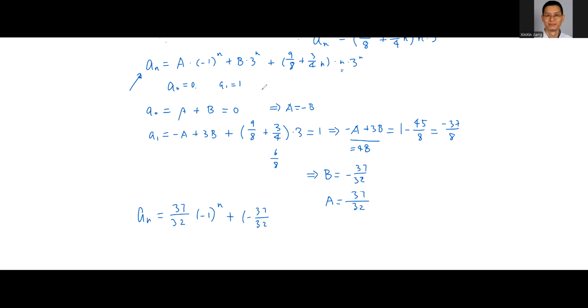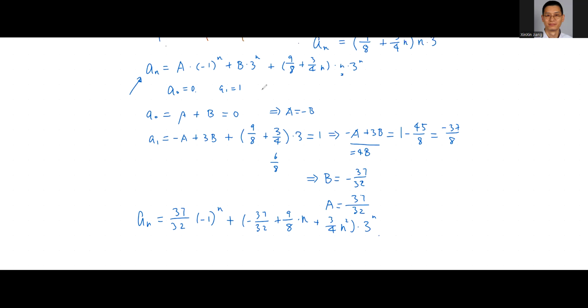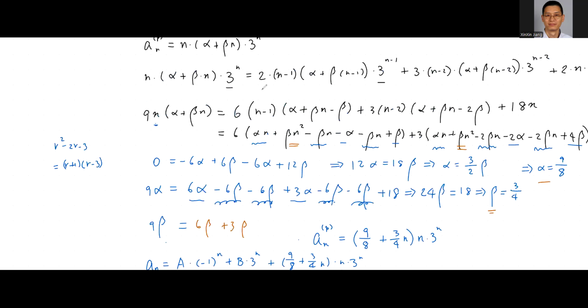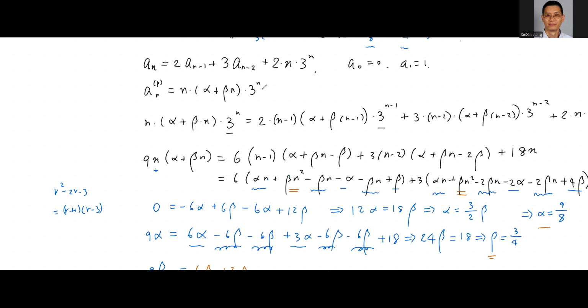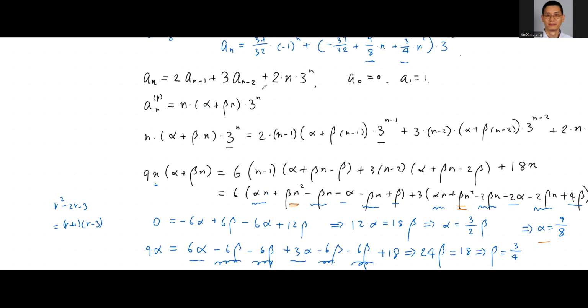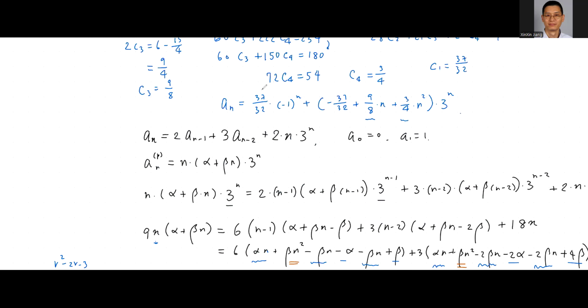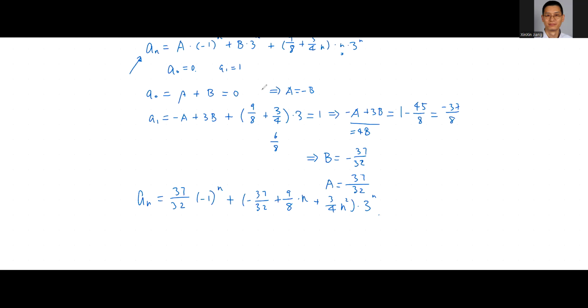It's 9 over 8 times n, because you have n here, and then plus 3 over 4 n squared times 3 to the n. That's exactly the same as what we had earlier, okay? That's what it is.